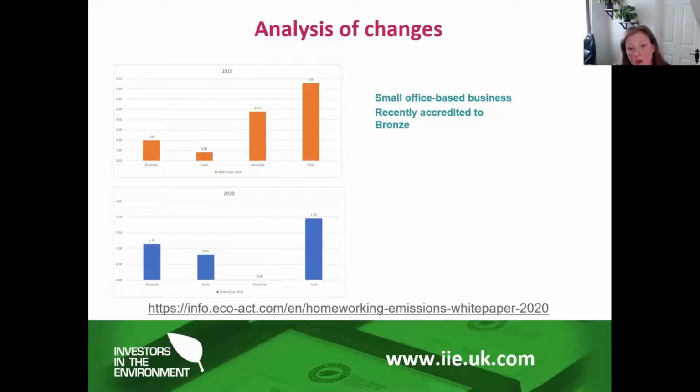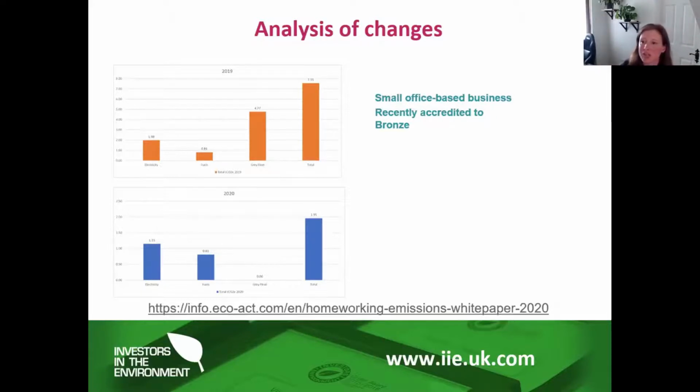The other thing I wanted to point out with this one is that for a lot of organisations where they've got staff working from home, this isn't a true reflection of the overall carbon footprint, because just because they're not in the office doesn't mean that the impact of them working on their laptop, etc., has disappeared.